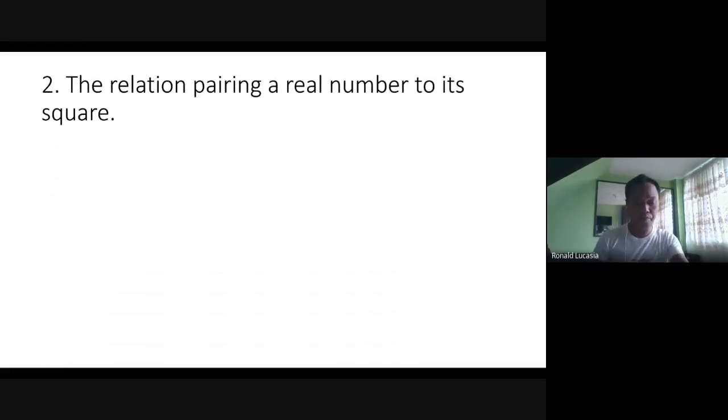Next up, number two, the relation pairing a real number to its square. One-to-one function or not one-to-one?